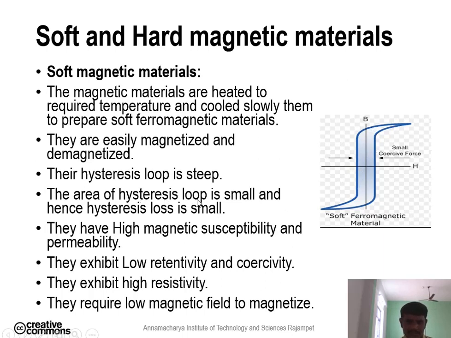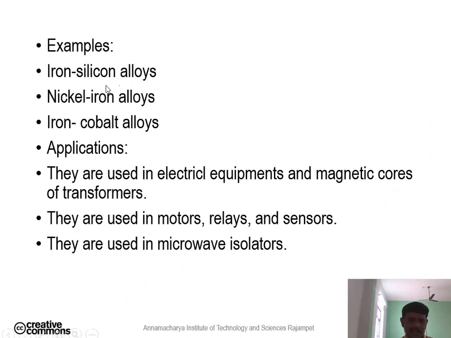The area of the hysteresis loop is small and the hysteresis loss is small. They have high magnetic susceptibility and permeability. They exhibit low retentivity and coercivity. They exhibit high resistivity. They require a low magnetic field to magnetize. Examples, as I already told, are iron silicon alloys, nickel iron alloys, and iron cobalt alloys.